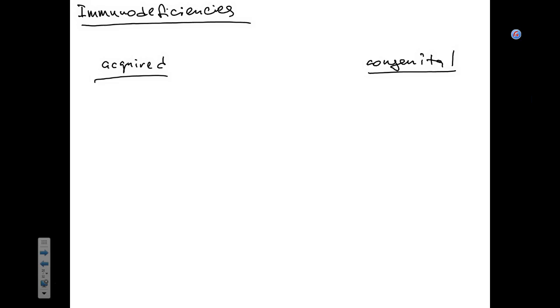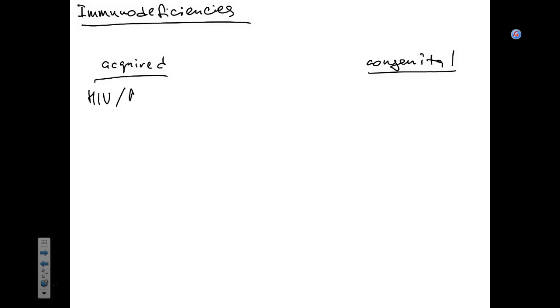Yes, but more inclusive. You aren't born with it. It happens later. Okay. What examples of acquired immunodeficiency can you think of? Yes, HIV/AIDS.